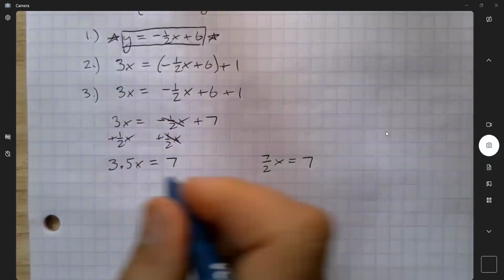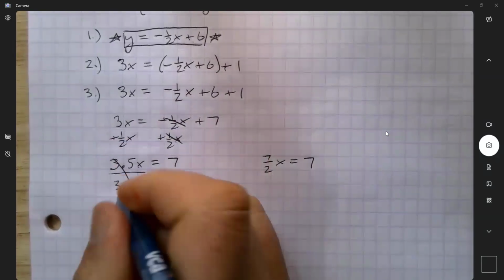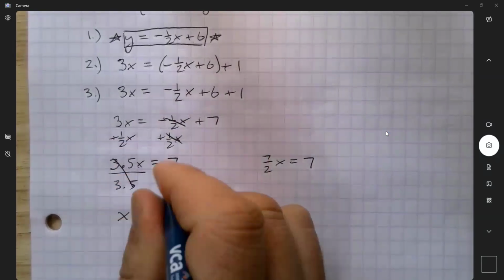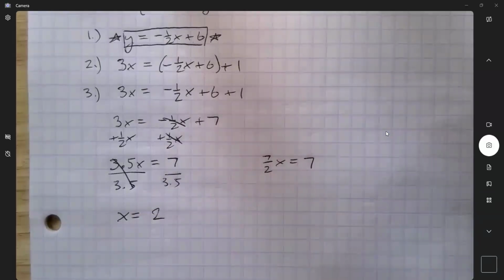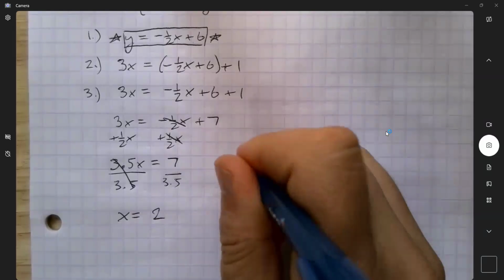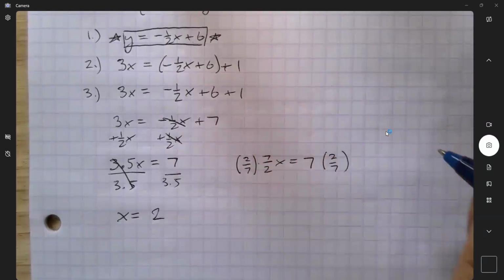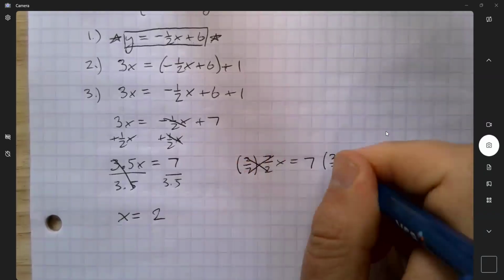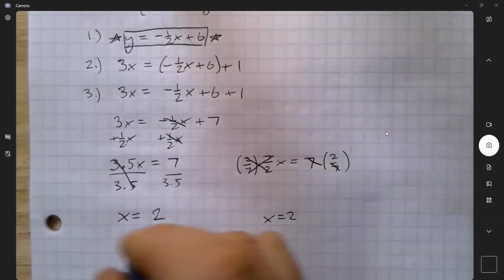Either one is fine. Over here on the left, I divide both sides by 3.5, and I get x is 7 divided by 3.5, which my calculator tells me is 2. Or I could multiply both sides by the reciprocal fraction, and I also get that x equals 2.